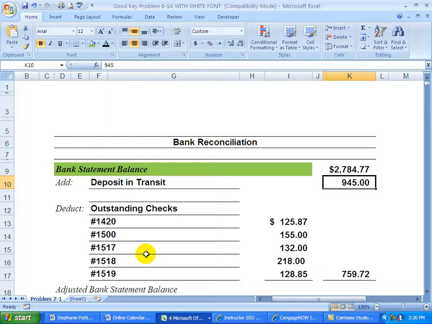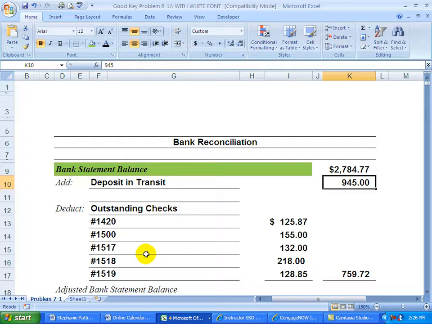When we looked at the checks, we wrote check 1487 for $89. The check was written correctly, payable to the owner for personal use. So our owner took $89 for personal use. But when we put it in the checkbook, instead of subtracting out $89, we subtracted out $98.